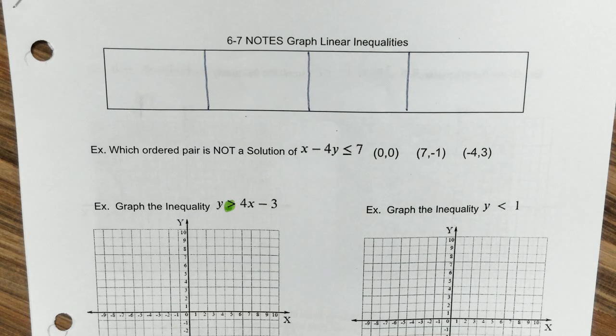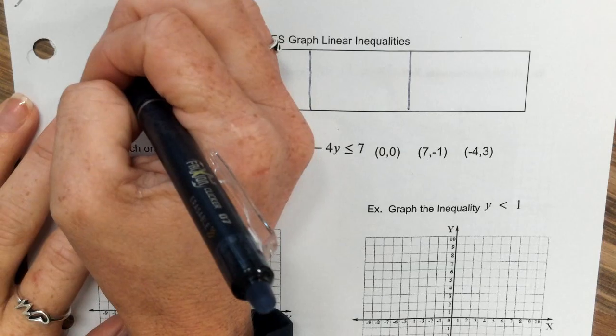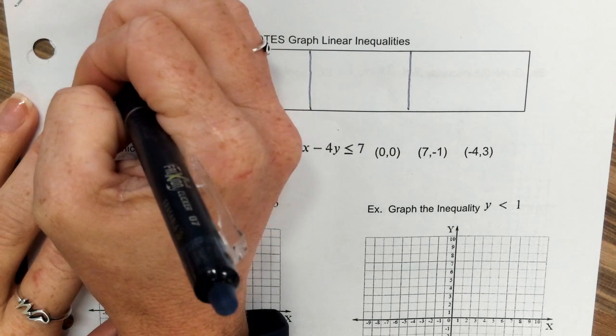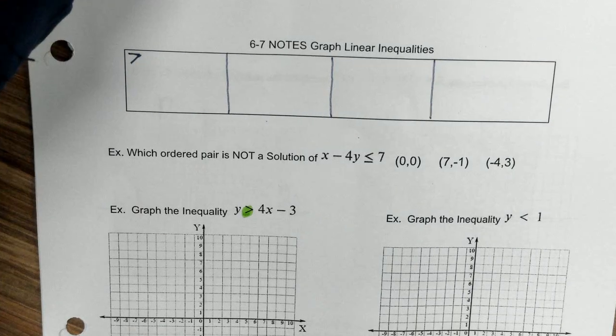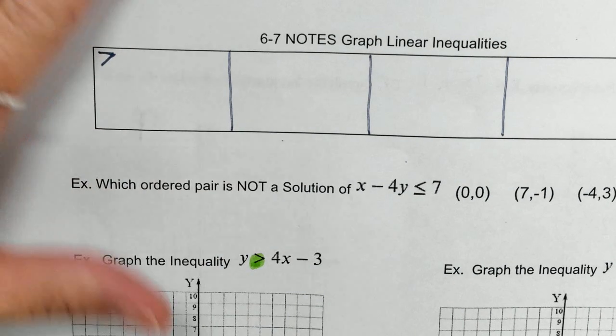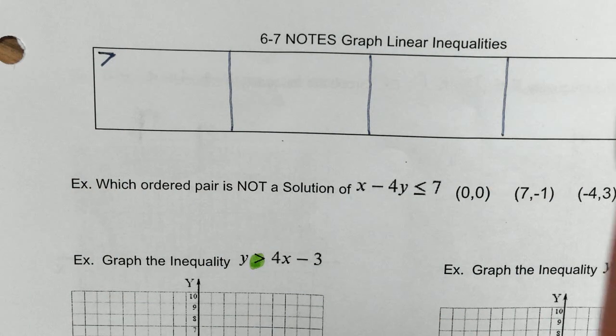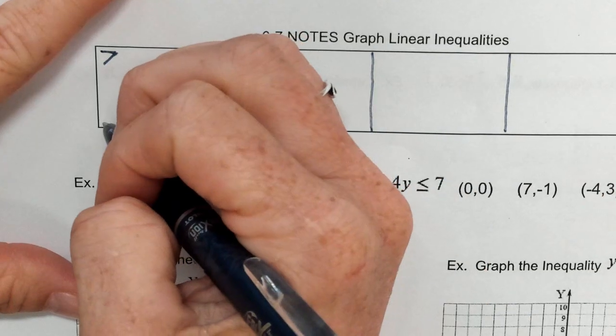We are going to talk about how to shade a greater than or less than inequality. If it's greater than, you are going to graph your mx plus b line with a dashed line.